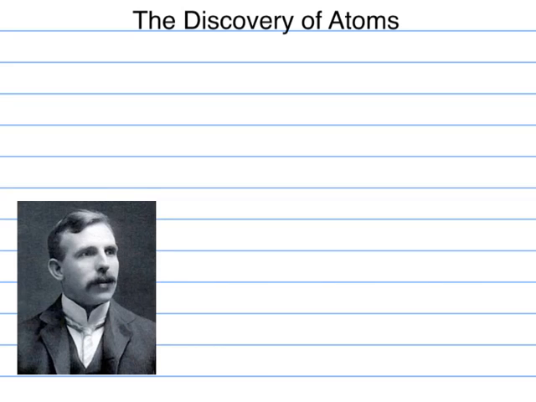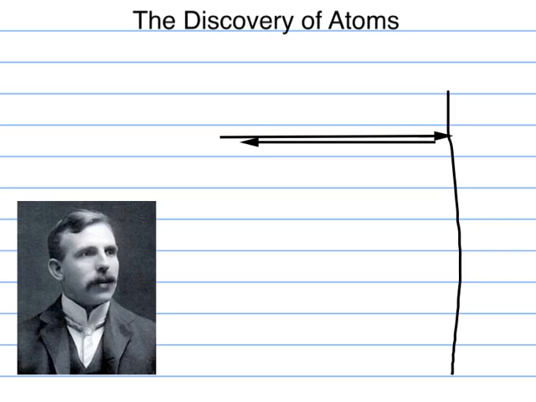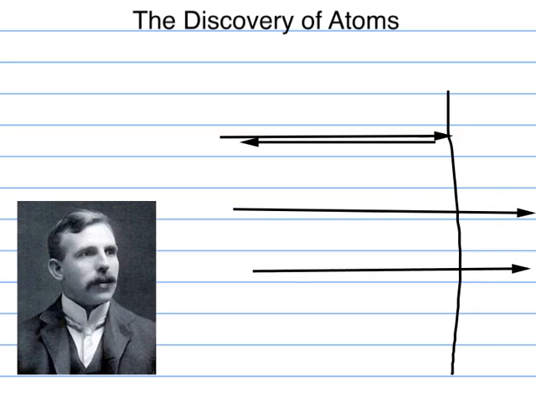Now, he did an experiment where he tested a gold leaf, and what he did is he fired alpha particles at the gold leaf, and he expected that the alpha particles would hit the gold and fire back. And what he actually found was that they passed through.